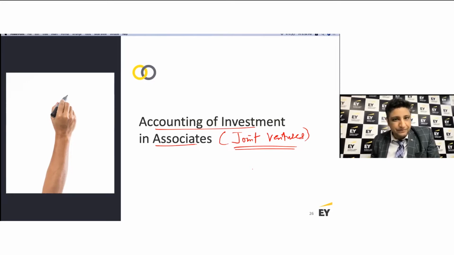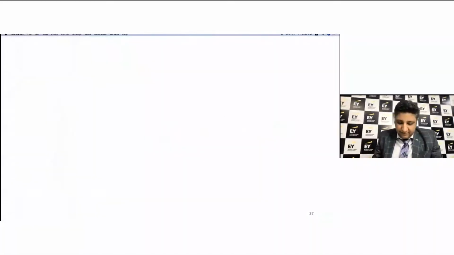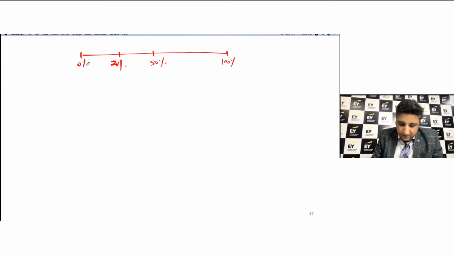Now just to highlight the concept again, given this percentage holding, let's say this is 20%, and these are of course hypothetical numbers, not exactly scaled on the timeline. When you look at this range, we say that significant influence exists.